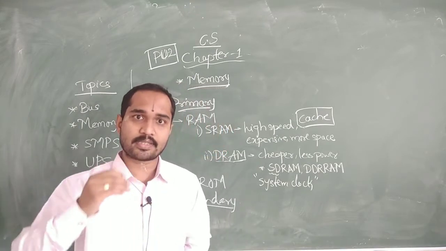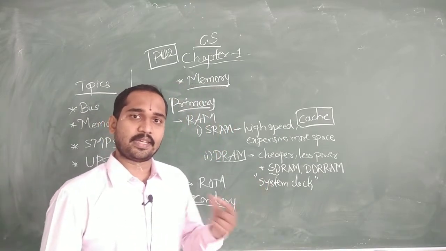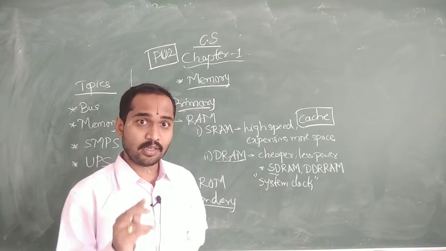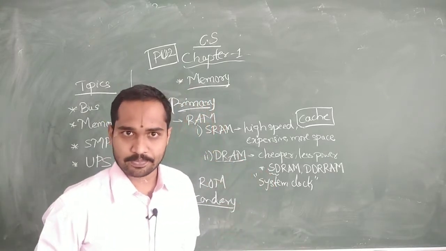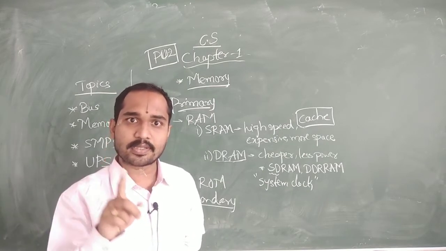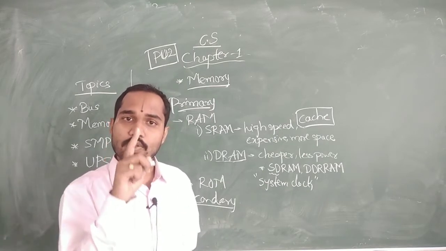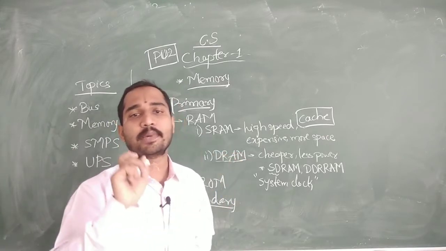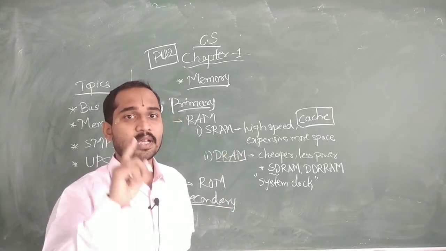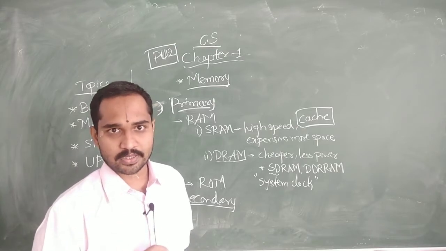So before the next signal comes, it keeps the data ready. That is the smartness of this synchronous dynamic RAM. It knows when the next pulse is going to come, and hence it keeps the data ready by that time, and hence it becomes a faster memory device.